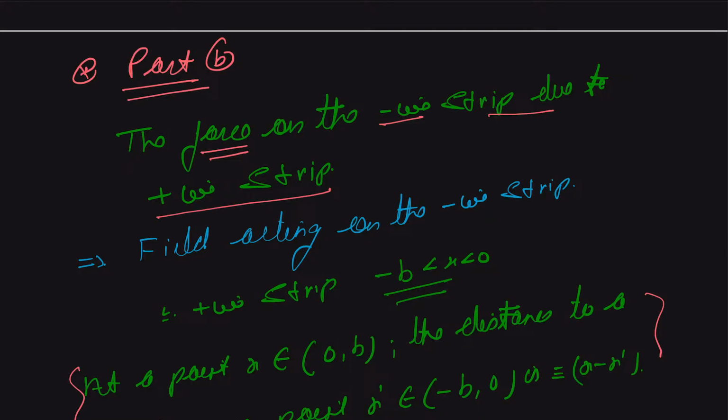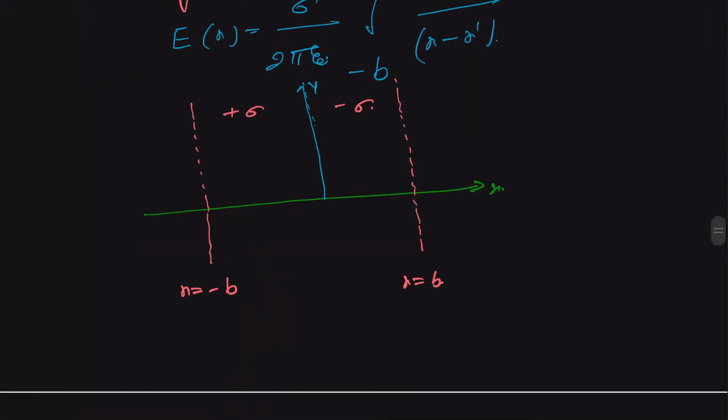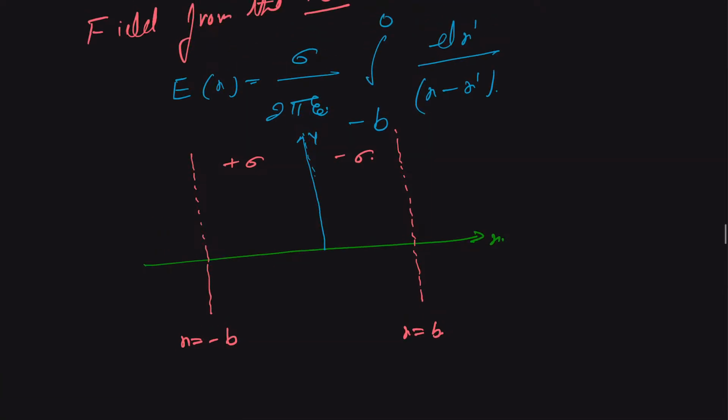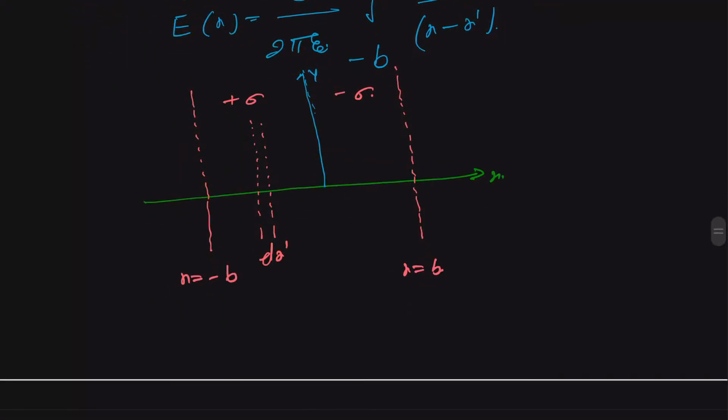It means we are going to find out the electric field first of all because of the negative strip at a certain distance x. So for that we are going to assume that we are having a small dx prime, and the point where we are going to find out the force is somewhere here.